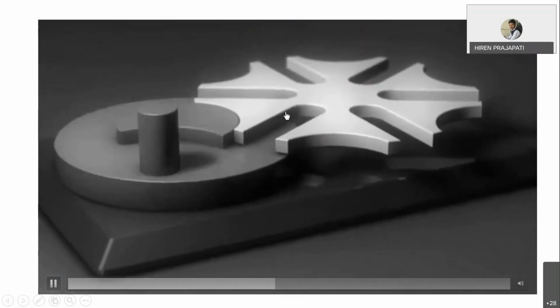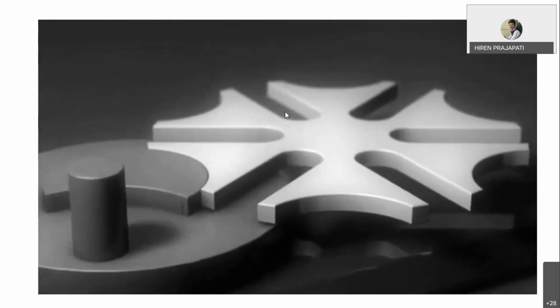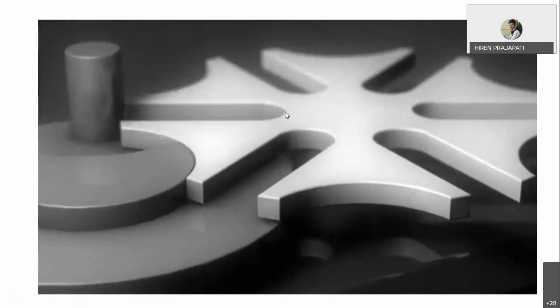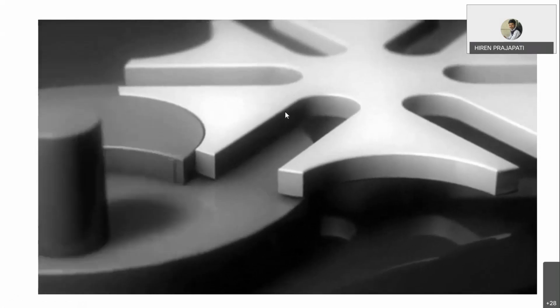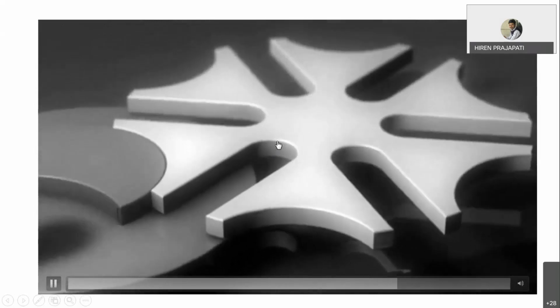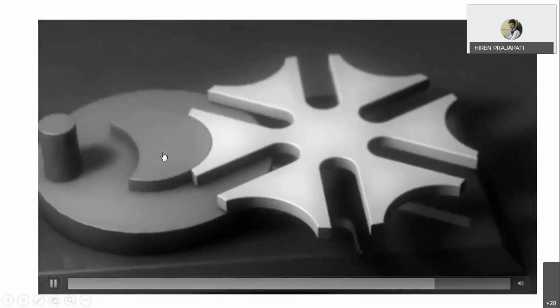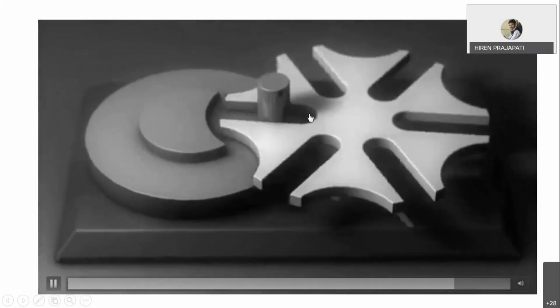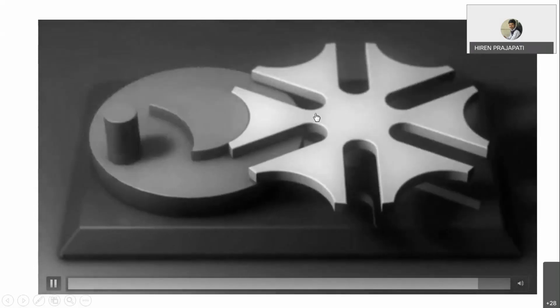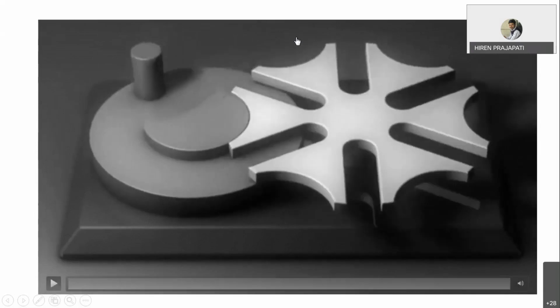So it is correct: to get smooth motion, to avoid back rotation, as well as to provide a precise position for pin insertion in the slot. Because of this cut and this solid portion, the wheel will stay there without any further rotation.